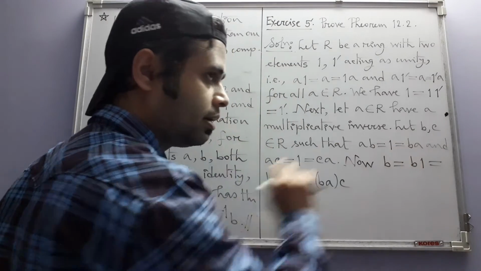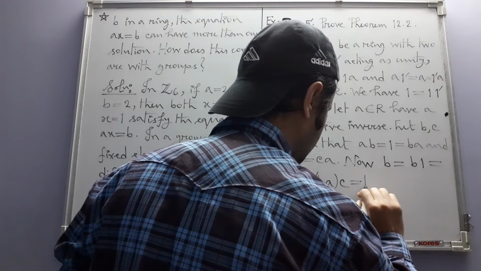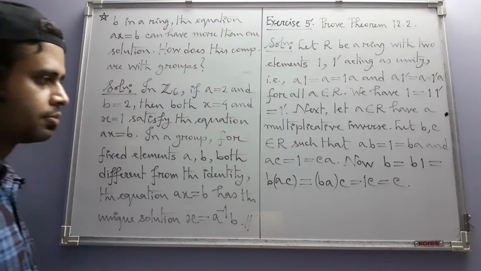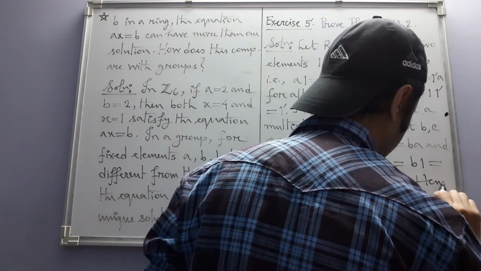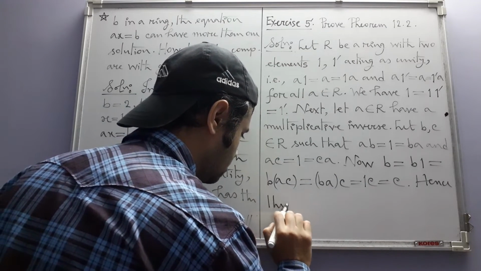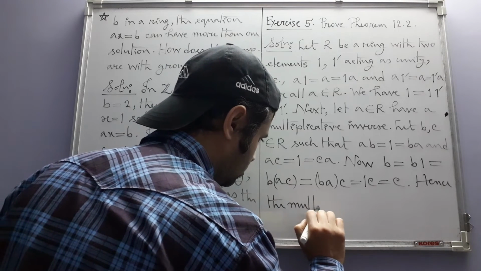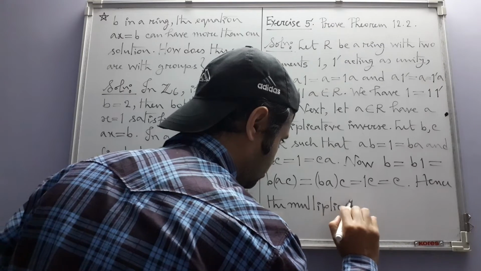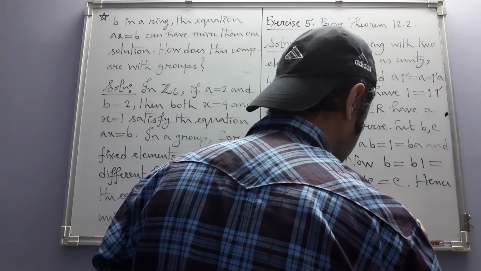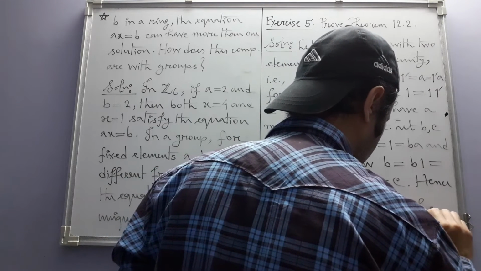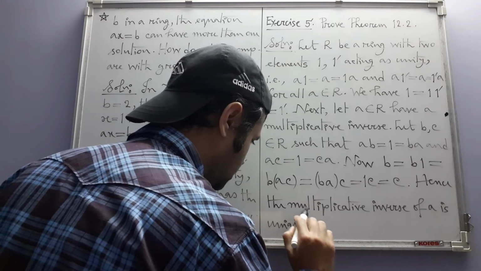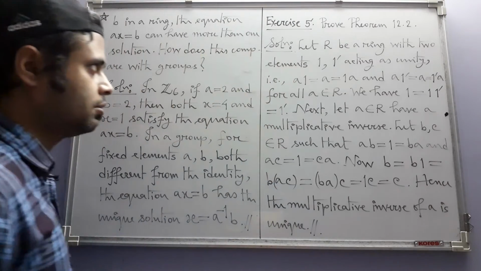Now from here BA is 1, so 1C, and 1C is equal to C. Hence the multiplicative inverse of A is unique. So this completes the solution and hence the proof of that theorem.